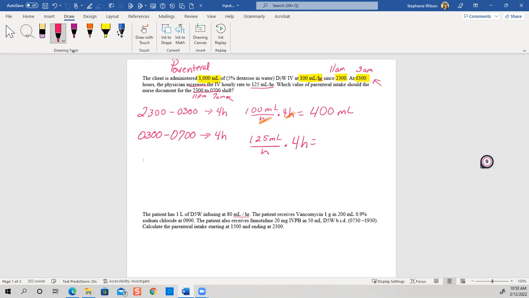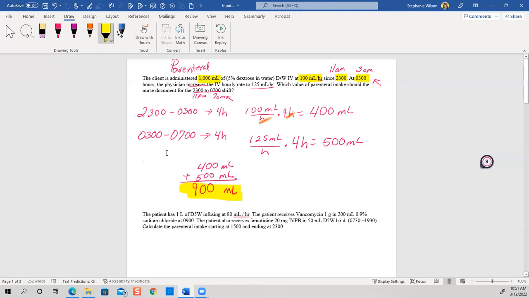You can do it on the side if you need to. We get 500 milliliters. Now let's add this up: 400 milliliters plus 500 milliliters tells me that they documented during that shift for the infusion 900 milliliters.